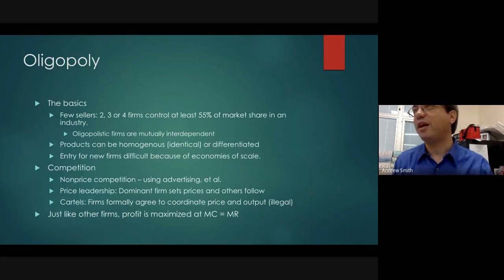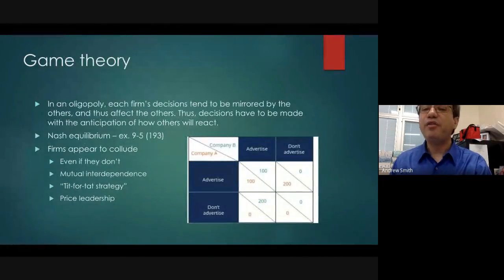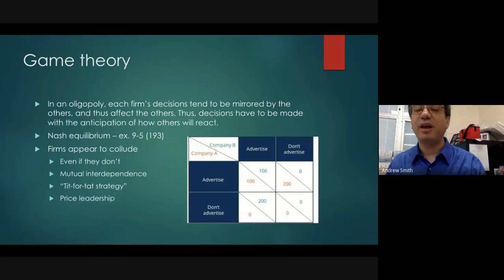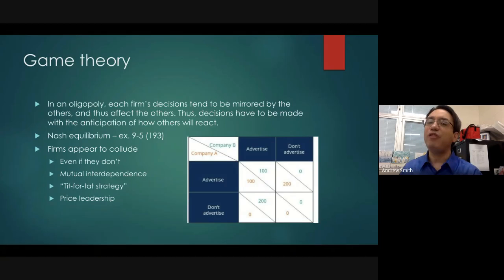Unlike in monopolistic competition and perfect competition, in the long run, firms generally make a profit, which is, again, more like a monopoly. So to understand an oligopoly, you have to understand game theory, which is the idea that your decisions tend to be mirrored by others. Therefore, you have to act not just based on what you think is best for you, but also based on how you think other people are going to react.